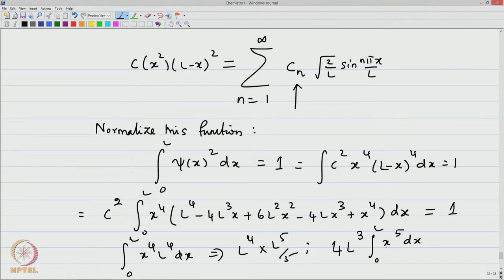So, if you calculate this, this is x raised to 6 by 6 between the limits, it gives you 4 L cube times L raised to 6 by 6.